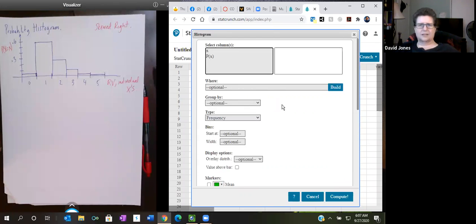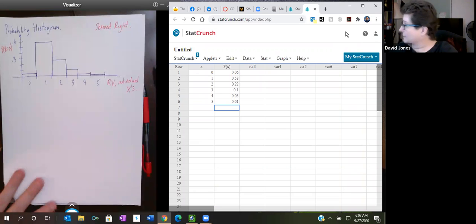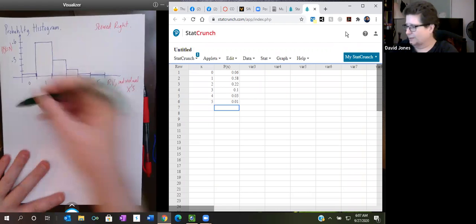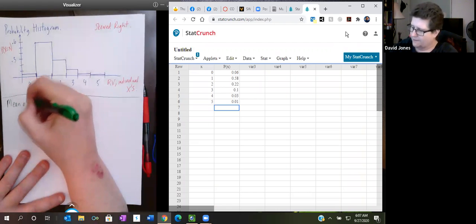This is where, yeah, each of those numbers only shows up once. I can't really do the histogram in this. You have to do it by hand. All right, so what else do we do with this? We can look at the mean of a discrete random variable. The mean of a discrete random variable.